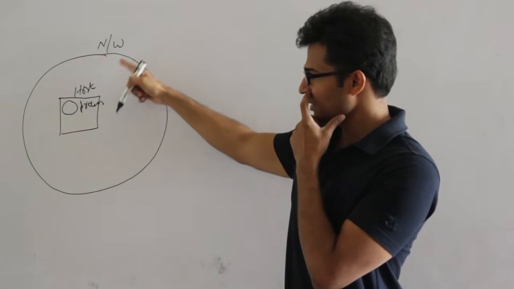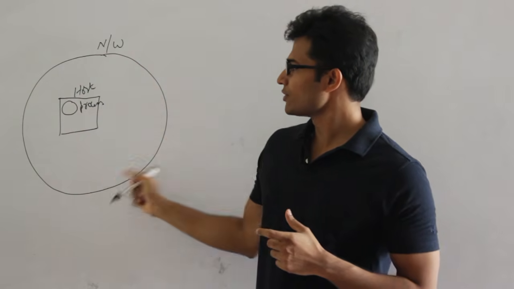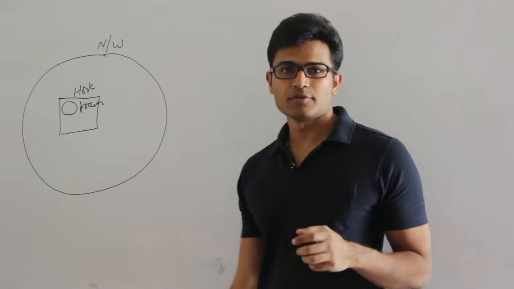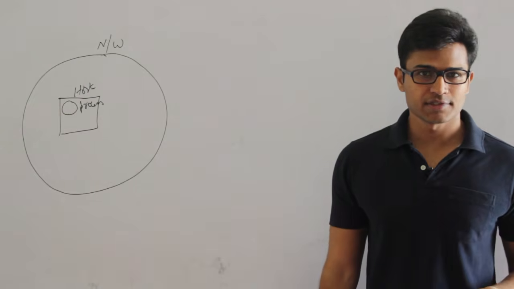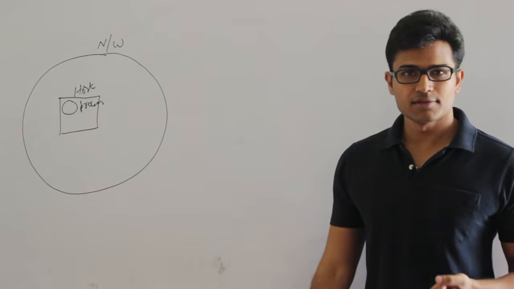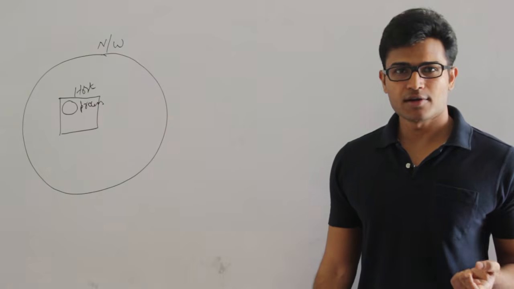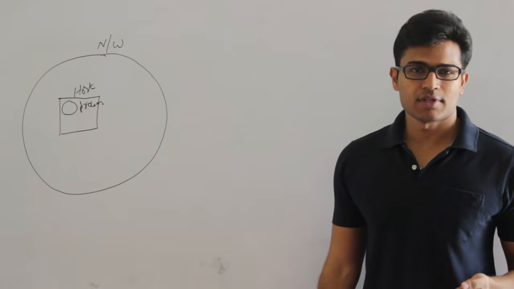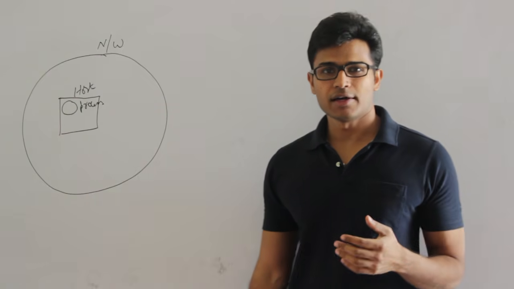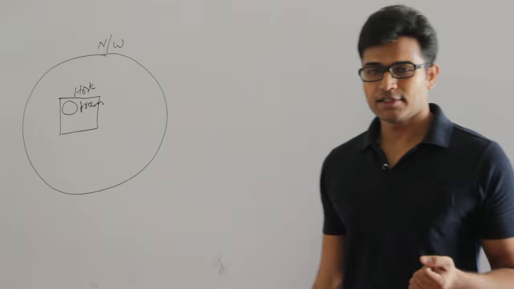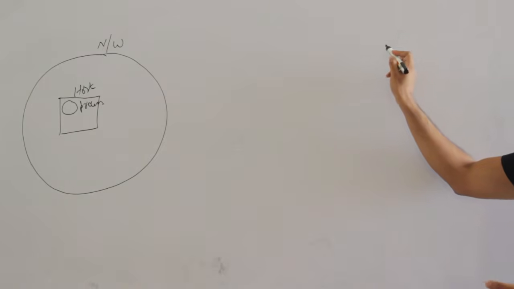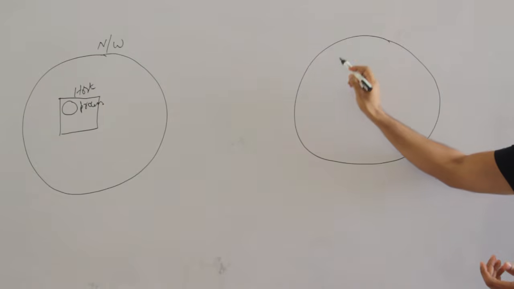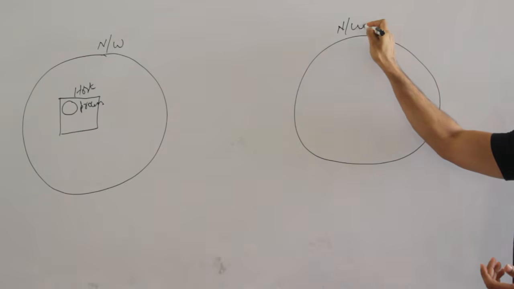So what is it? Network, and within the network there are many hosts, and one of the hosts is your computer, and within a host there are many processes, and one process is you have opened your web browser and you have typed say google.com. Now you want to go to Google and get a web page, and assume that Google's network is in California, somewhere in the US, and this is the network in which Google is present.